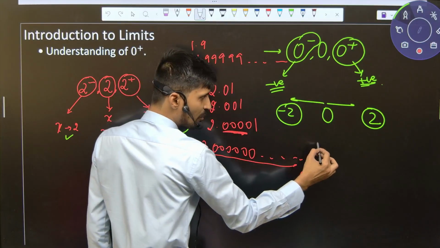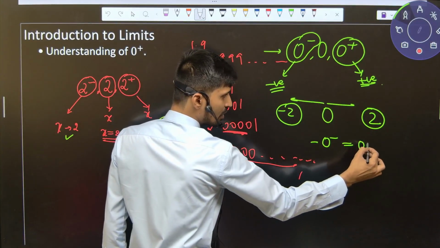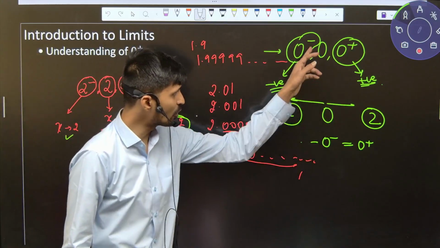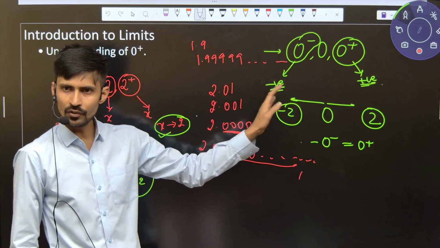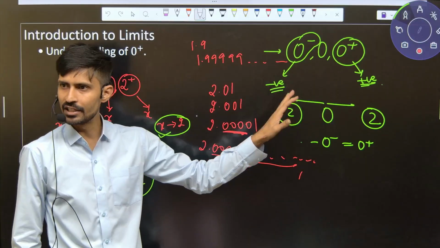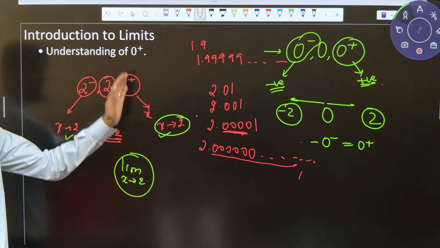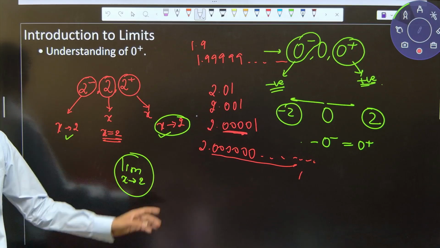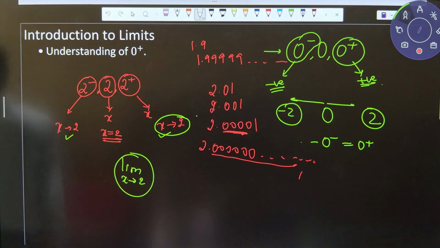Same way, if I multiply 0 minus by minus, that will become 0 plus. So this information about 0 plus and 0 minus I have given you separately. A lot of information like this I will give you in the calculation topic. Okay, so write it down. Still the understanding of 0 plus is left. I will come to the understanding of 0 plus.